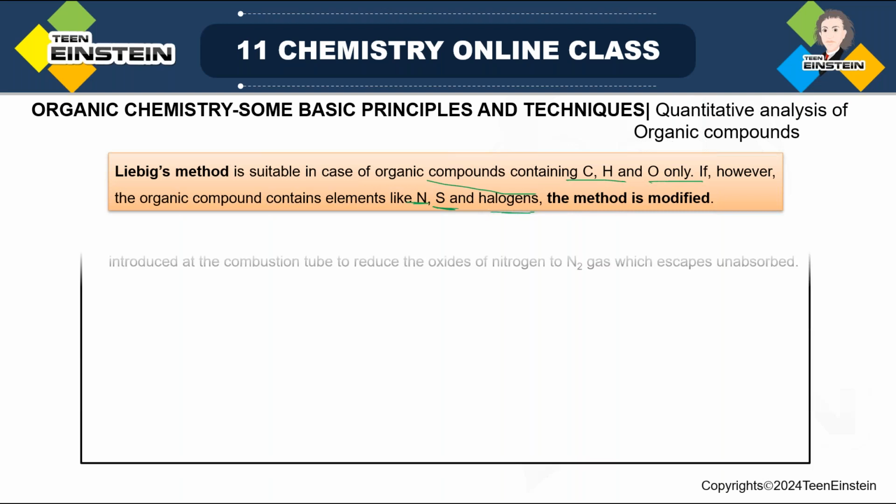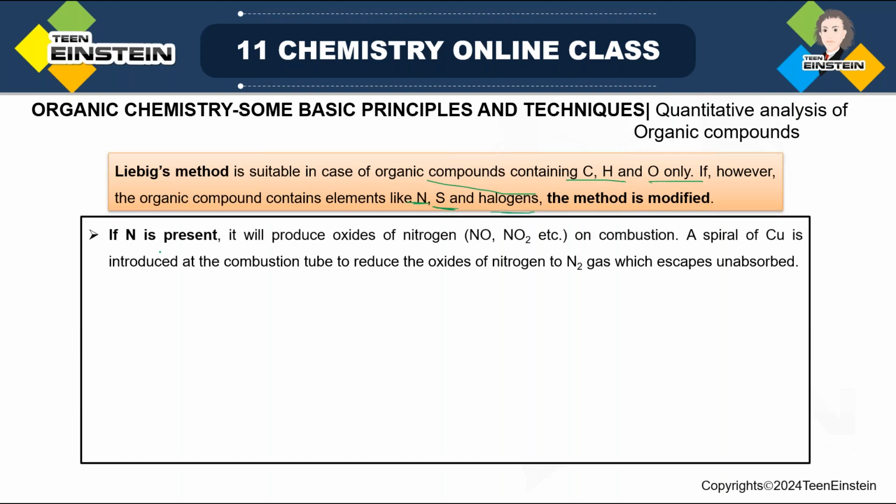method. So when nitrogen is present, as we have done the reaction with CuO, there will also be production of nitrogen oxides. It may be NO or NO2, but that is not wanted. After combustion, these will also be formed. So to remove these oxides of nitrogen, a spiral of copper metal is introduced in the combustion tube.